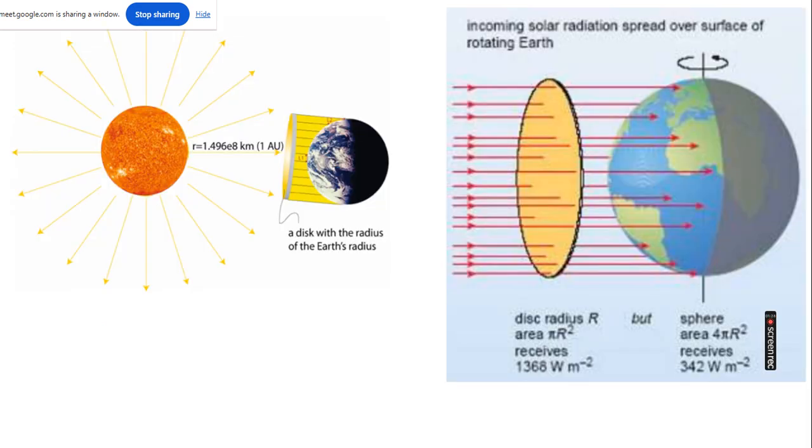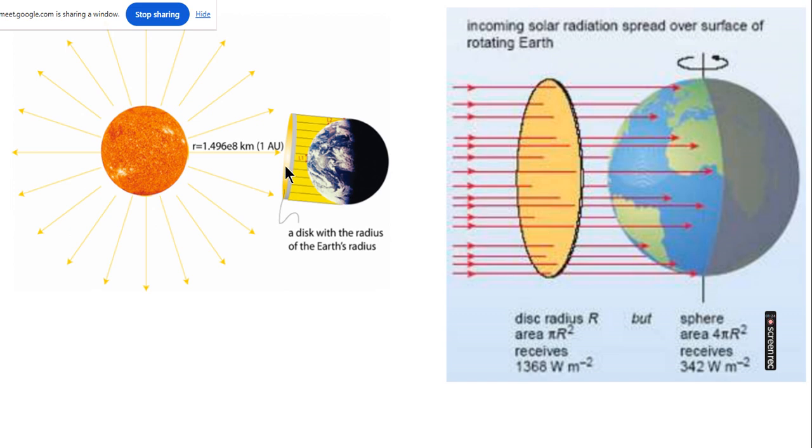Now again, once this solar radiation reaches the top of the atmosphere, it is being emitted in all directions, as I said earlier. So this radiation is only illuminating one part of the Earth, right? Only one side of the Earth is facing the sun.